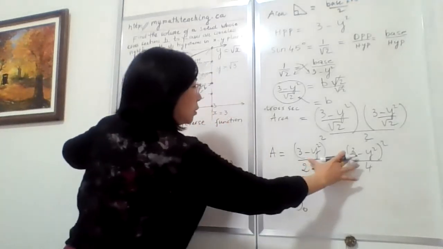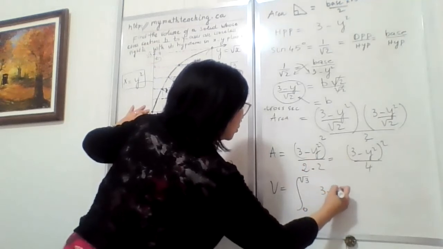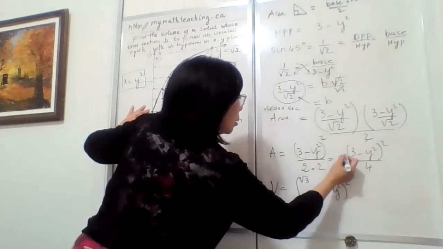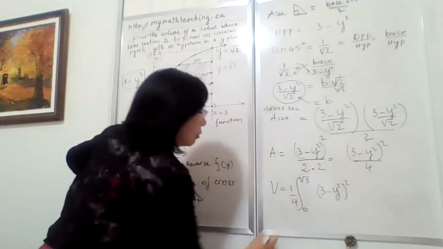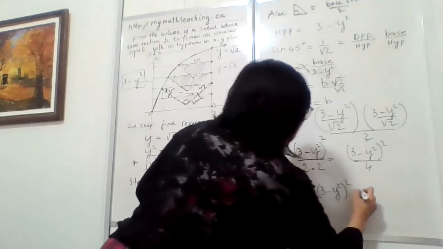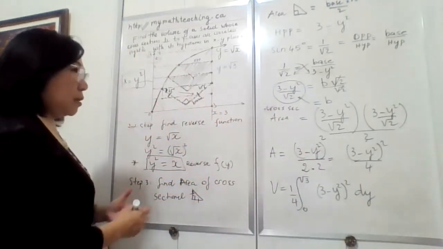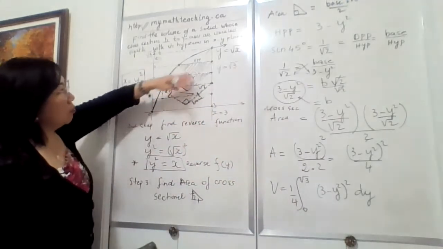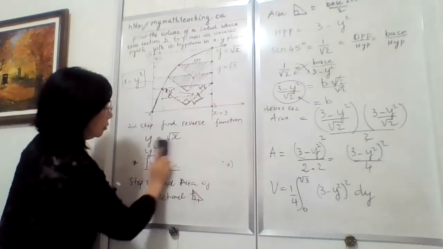And we're going to put the cross-sectional area, which is this one, (3 minus y squared) squared, and I'm going to put 1 over 4 outside here, right? We can do that. And dy. So by doing this, we'll be able to generate the volume of this region along the y-axis.